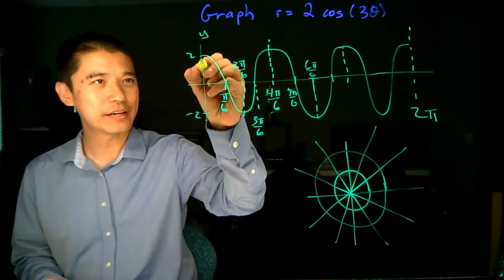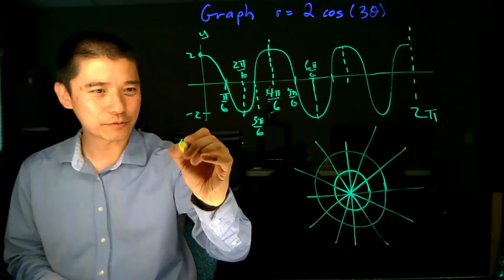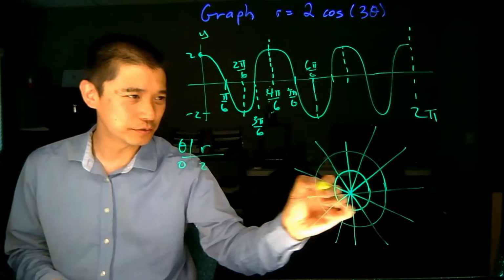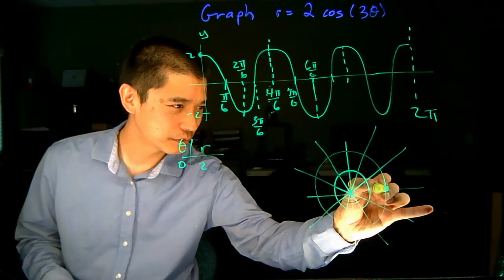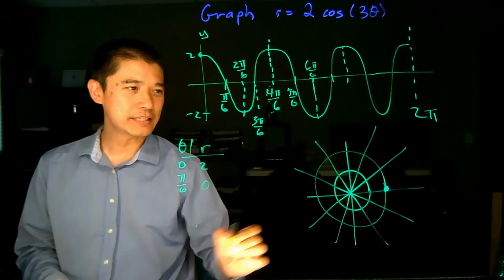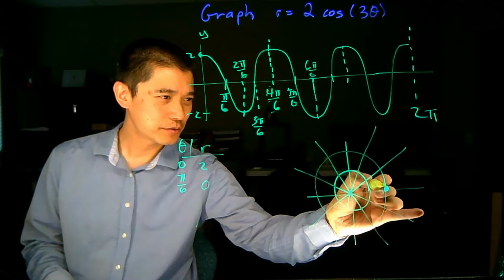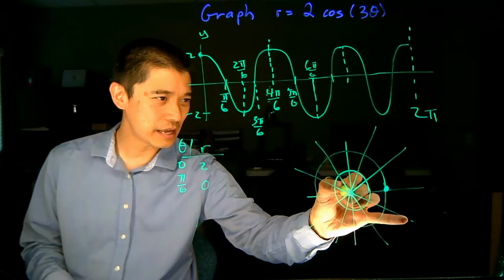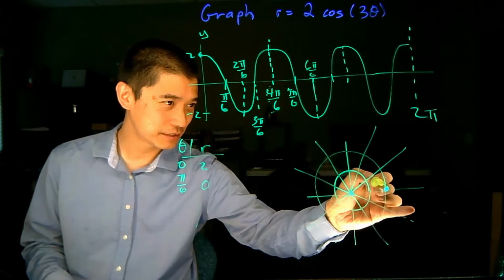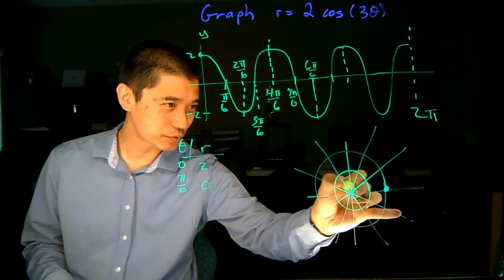So what do I mean by that? When theta is equal to 0, the r value is equal to 2. So 0, 2. By the time we get to pi over 6, that thing needs to come down to 0. So it's going to start off at 0, angle 0, and pi over 6 is this first one. And so it's going to get shorter and shorter and shorter down to 0.